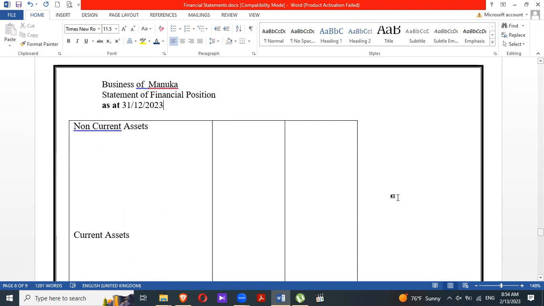So let's write the content. Under non-current assets, let's write some examples: land and building, then machinery, and another one, motor vehicle.